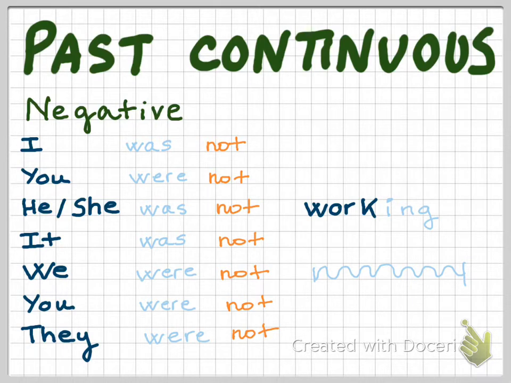See, you need all the parts to form the negative form of the past continuous. Remember that we can use the short form of the verb to be in negative, which is wasn't for the singular and weren't for the plural.